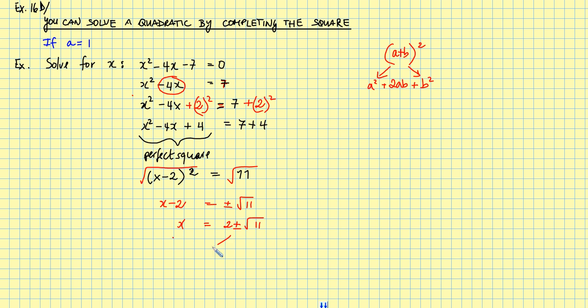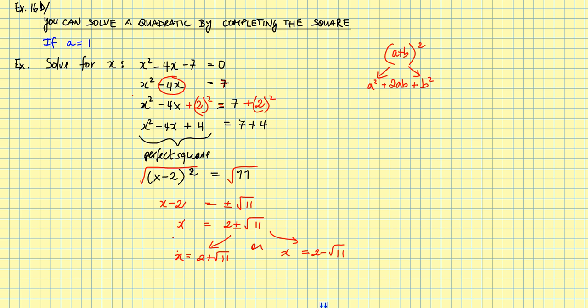So we've got two solutions: x equals 2 plus root 11, or x equals 2 minus root 11. That's approximately 2 plus or minus 3 point something. So we obviously don't have whole number answers here, but we've got decimals.